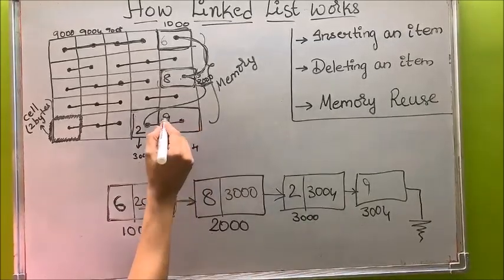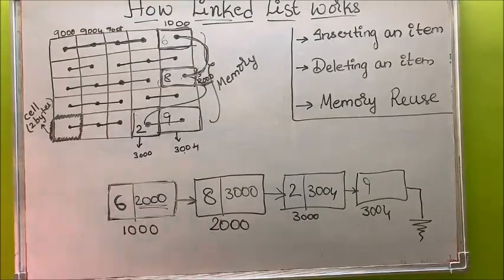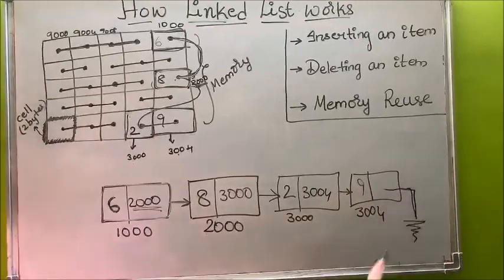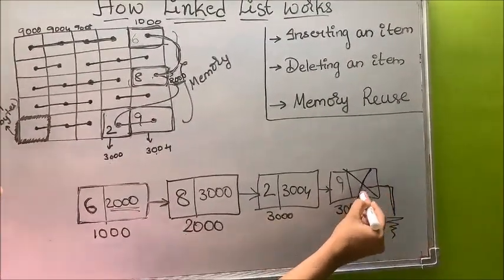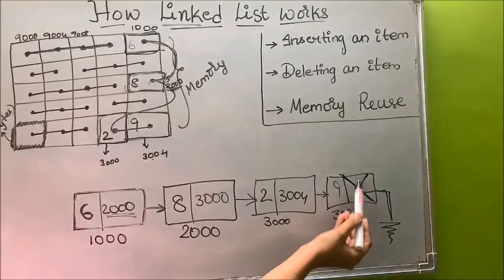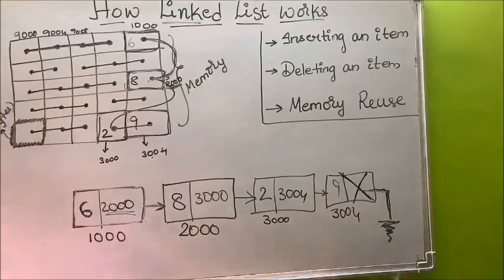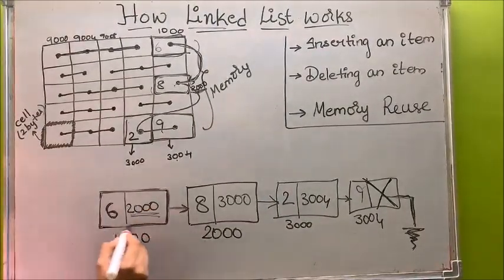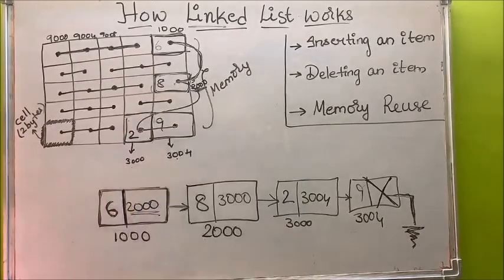And after this 9, the last node, there is no other empty node in the memory. That's why here in the second part it doesn't store any address. So this is referred as null. In some textbooks it is represented as X mark in that box, and in some textbooks it will be like this. So here each and every empty cell consists of two partitions or two parts.